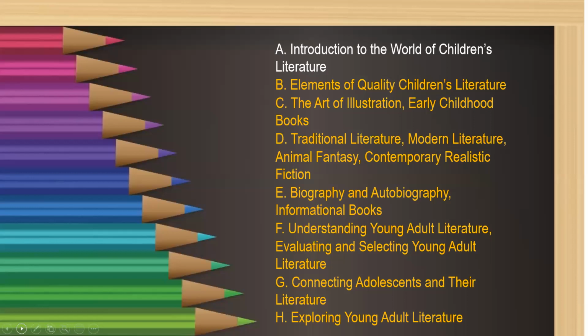So these are once again the stories for the children. So this time let us talk about the elements of quality children's literature.